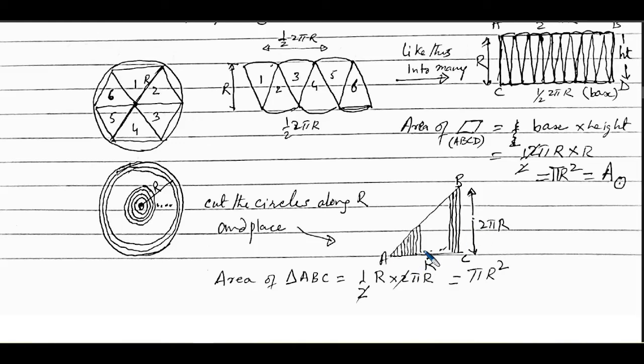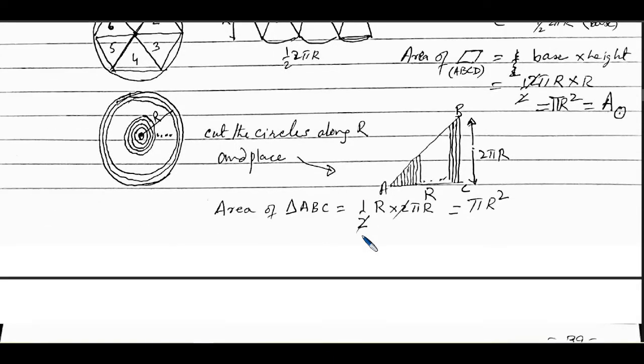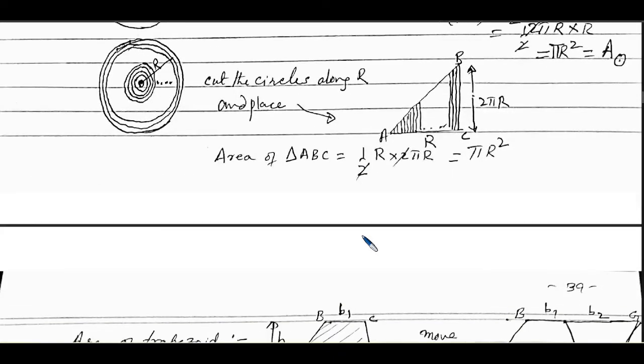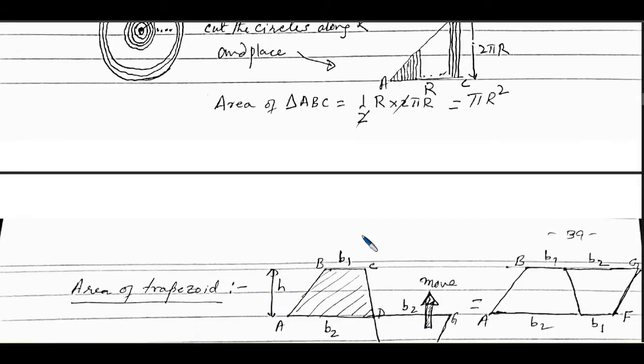If you keep on placing them, this thickness will be r. So the area of this triangle is half, base is r and height is 2 pi r, so it is pi r square. But when we go to integrals and higher classes, we will derive the area of a circle in a much easier way. This is just to show it pictorially, so you should remember this.